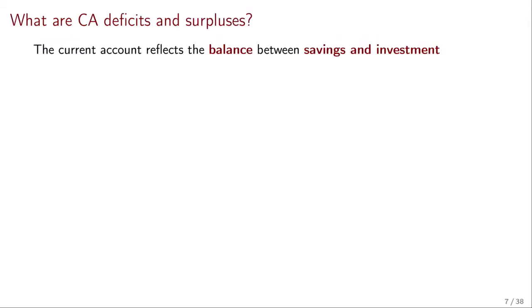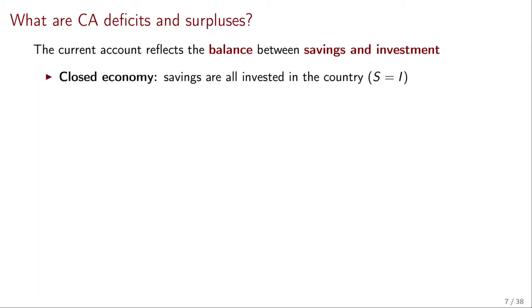So when we talk about current account deficits and surpluses, we're going to be talking about the way in which the market is going to be able to balance domestic savings and domestic investment. In a closed economy, savings are all invested in the country. If somebody wants to save in the net, once all the saving and borrowing is netted out between members of the same country, all the savings have to be invested.